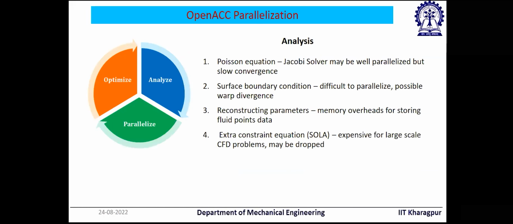So we follow the triad. We analyze the code, parallelize the code, and then see how we can optimize the performance. In analysis, we found the Poisson equation can be solved using different solvers, but among them the most explicit solver is the Jacobi solver. This can be very well parallelized.